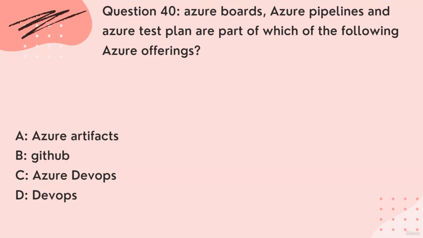Azure Boards, Azure Pipelines, and Azure Test Plans are part of which of the following Azure offerings? Azure Artifacts is not the answer, Azure GitHub is not the answer, Azure DevOps is the answer.